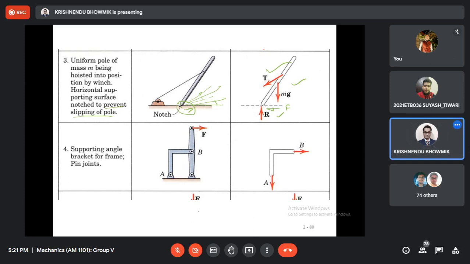When it is going to slip, which direction is it trying to slip? It will go leftward, no? Yes, sir, left side. That means one particular case when it is trying to slip in this direction. If you consider this direction, then it will be this.